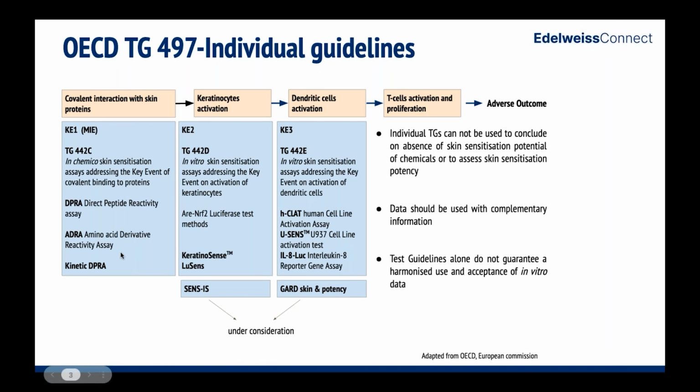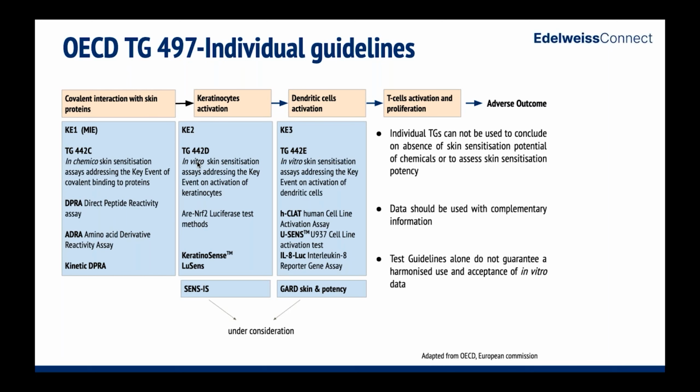OECD has also published individual guidelines like TG442C, TG442D, and TG442E. However, it should be noted that these individual guidelines cannot be used on their own. In the new guideline, together they could be used.